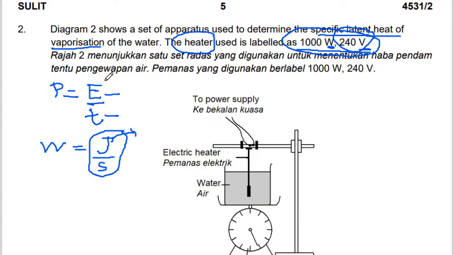Okay, cikgu type the answer here. So when the heater, you look at what is given. If they give you heater, use heater. If they give you light bulb, use light bulb. So when the heater is connected to 240 power supply, it will consume 1000 joule of electrical energy. This one need to be clear: electrical energy, I'm typing in the chat box.